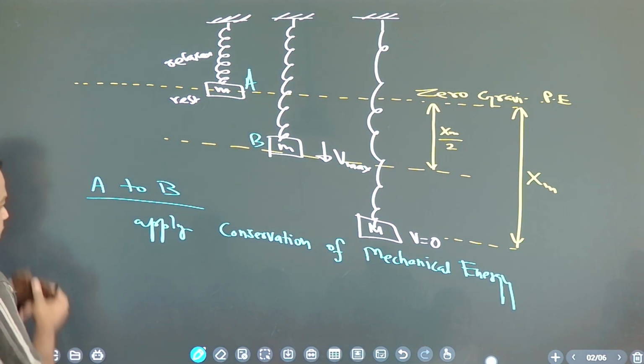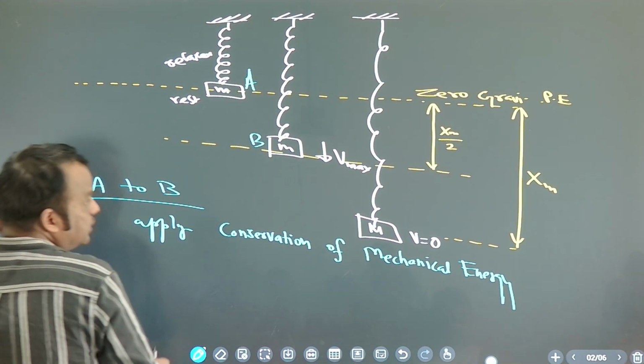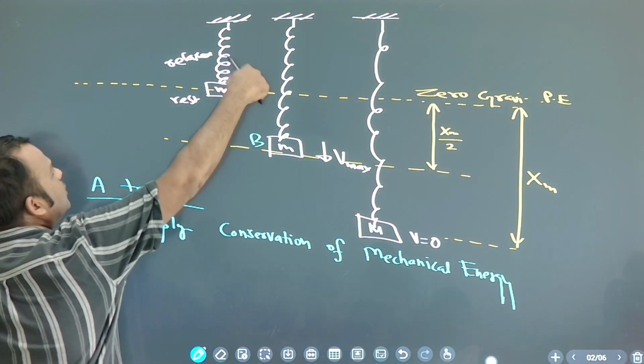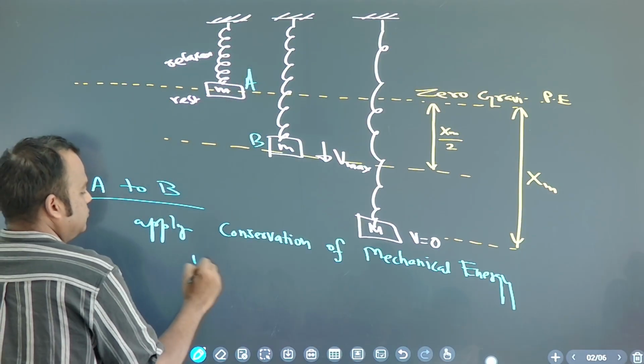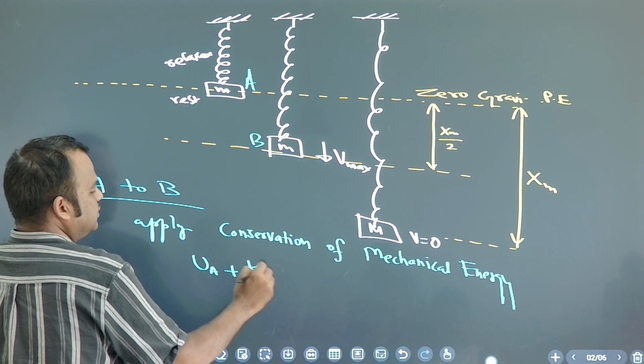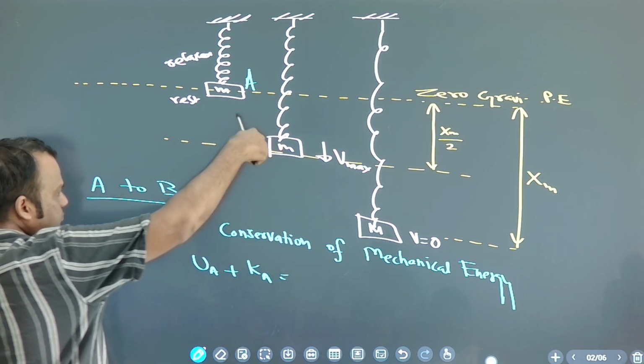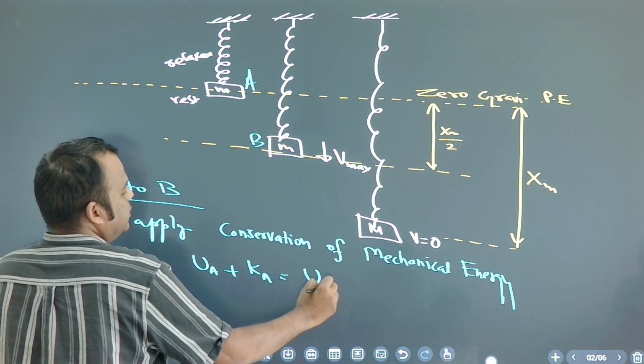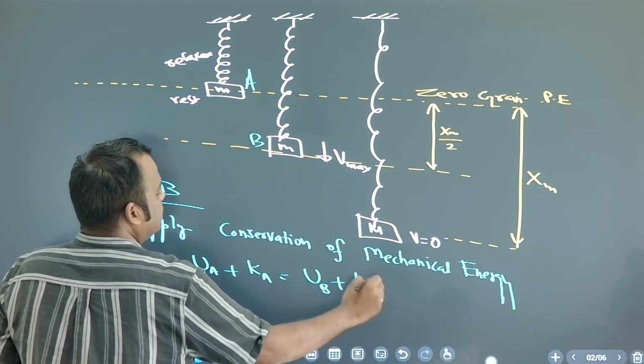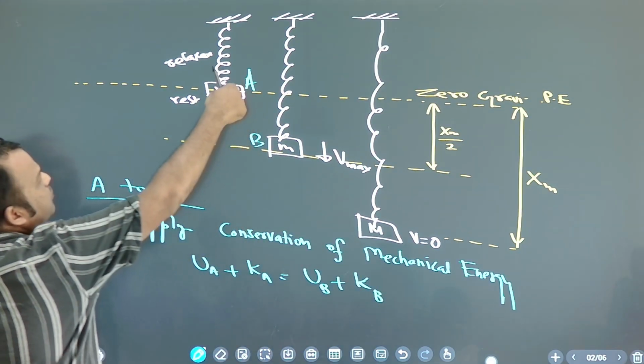Conservation of mechanical energy. Tell me, UA plus KA is equal to UB plus KB. Okay, tell me what is UA?